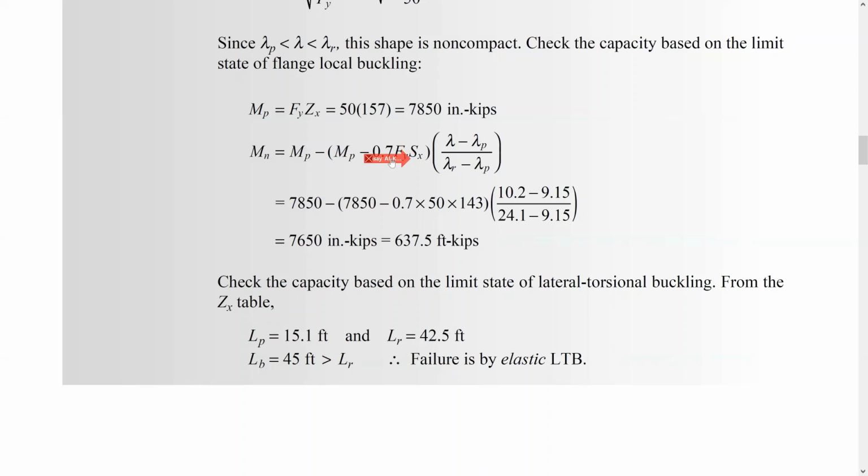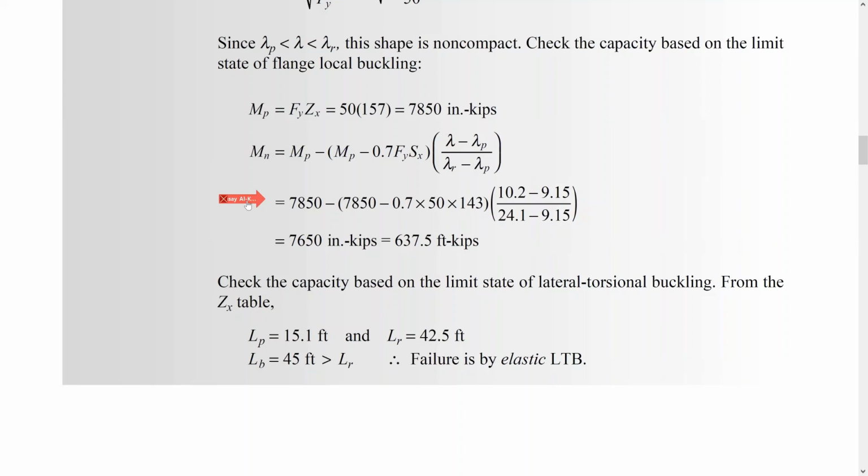This one from the table, this one we calculated, and the same here, we calculated all these values. So look at all these values in this equation. I think all of these can be obtained easily.